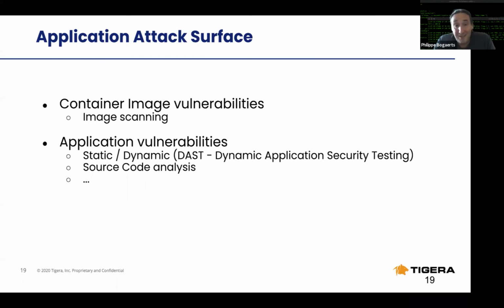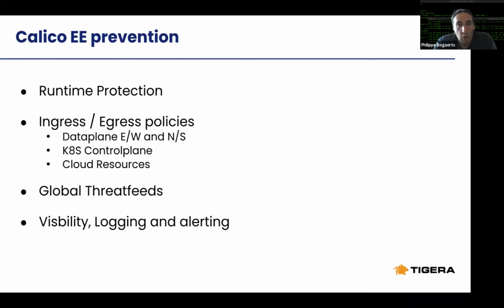So bottom line is that we still find a lot of applications which are insecure or contain even known vulnerabilities. Now, where can Calico come in? I mentioned Calico Enterprise Edition. Some features are available in Calico, some are available in Calico Enterprise Edition.